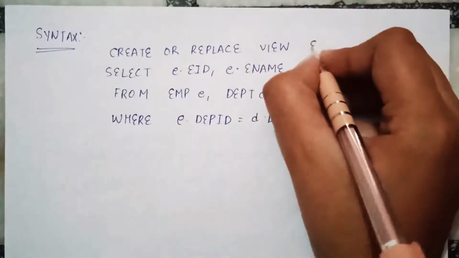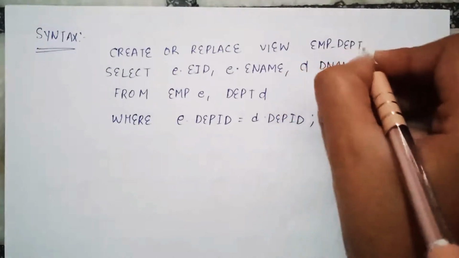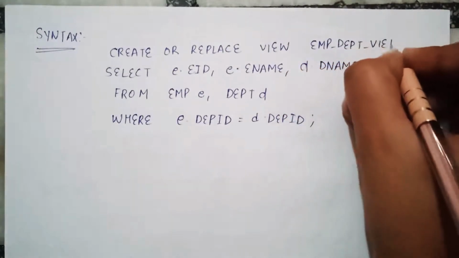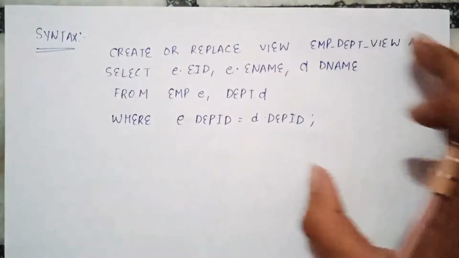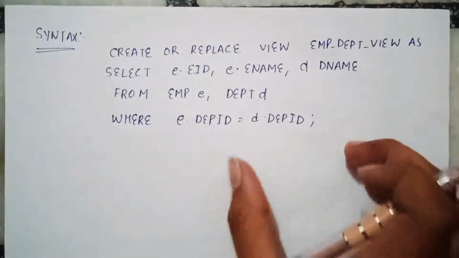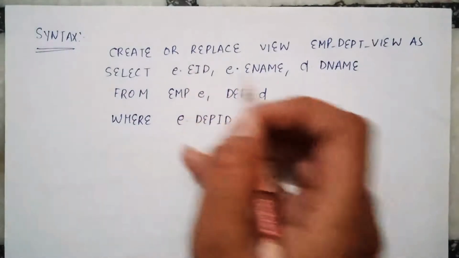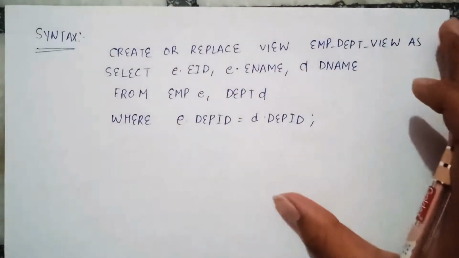What is the view name? It is emp_department_view, as the select query. So this query will create a view, emp_department_view, using the two tables, the employee table and the department table. This is the simple syntax we use to create a join view.